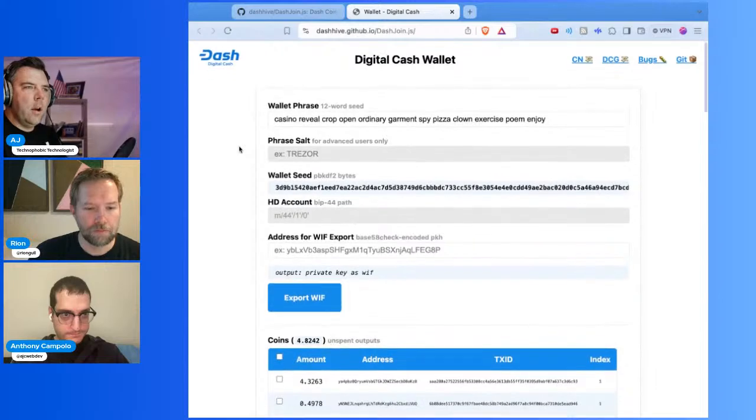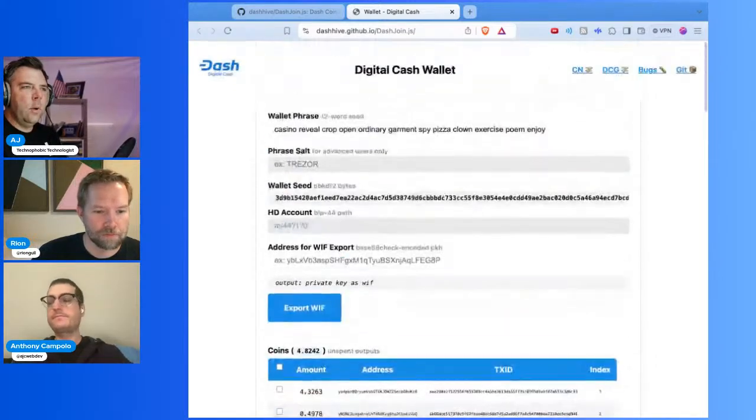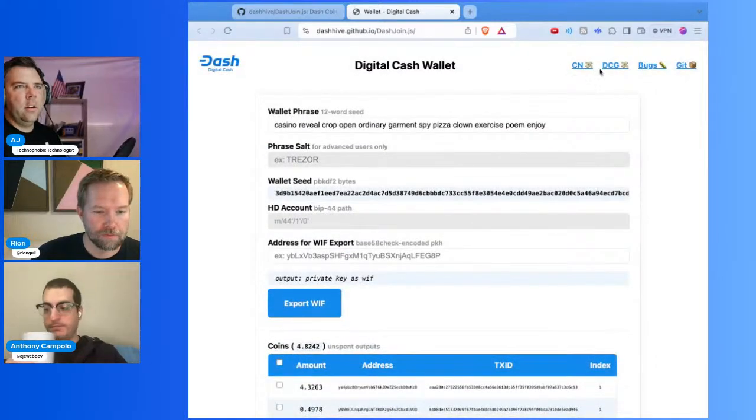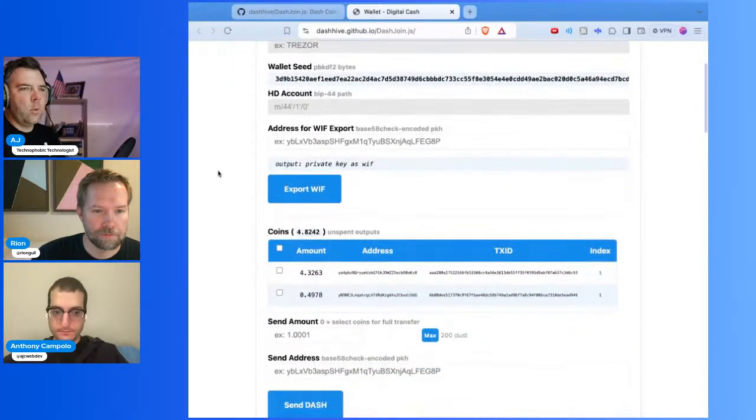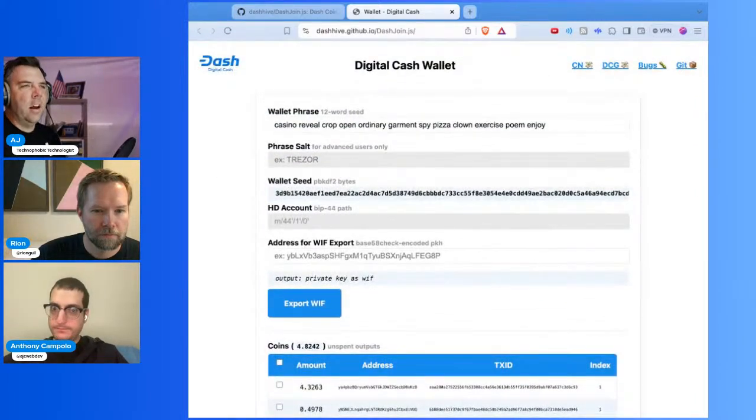So here we are, and basically you've got your faucets. You've got all this wallet information. This is testnet stuff right now, and it's not polished. Everything is on one page. There's no tabs. You kind of have to watch the little demo video to know exactly how to do it.